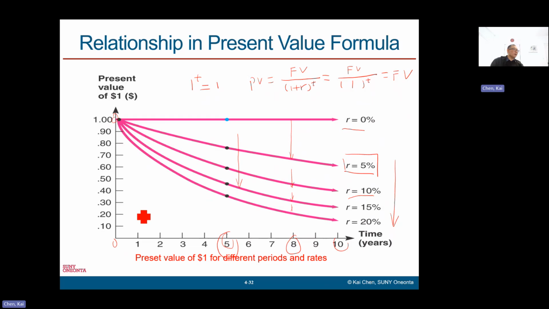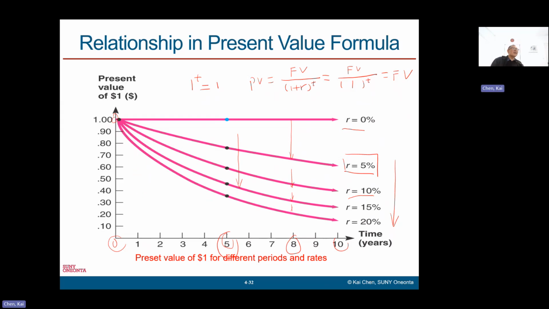Because the holding period is 0, there is no time to grow, right? Then in this case, no matter what the interest rate is, or no matter what the growth rate is, because there is no time to grow, the present value equals future value.